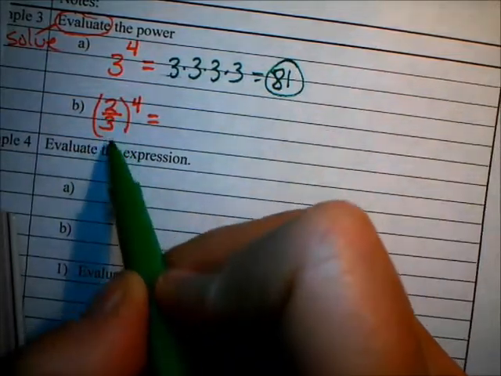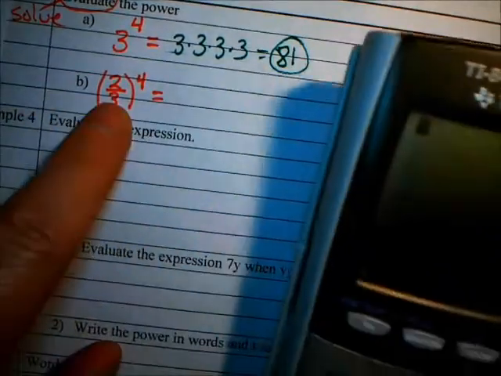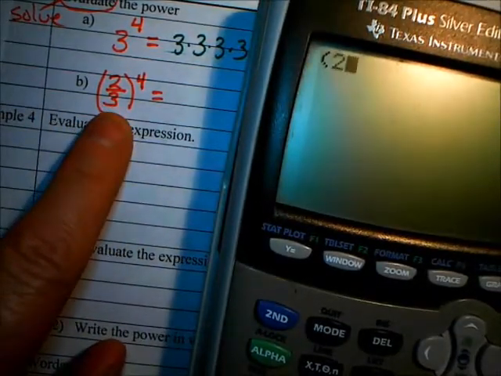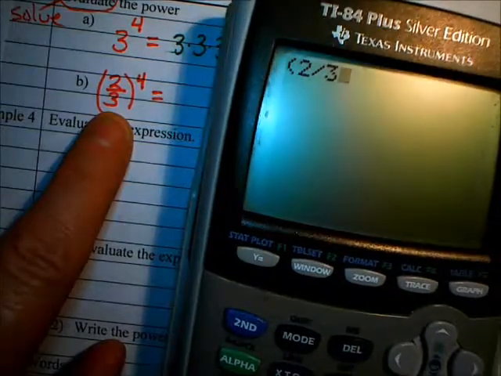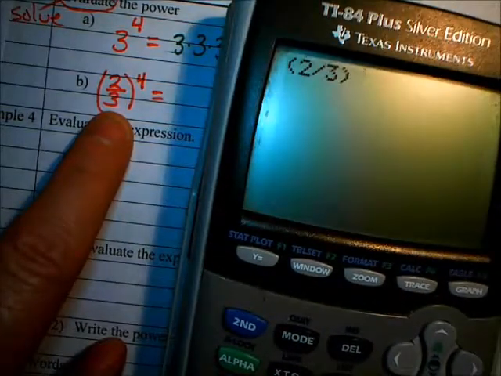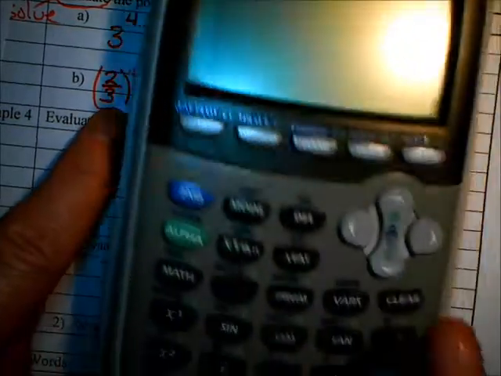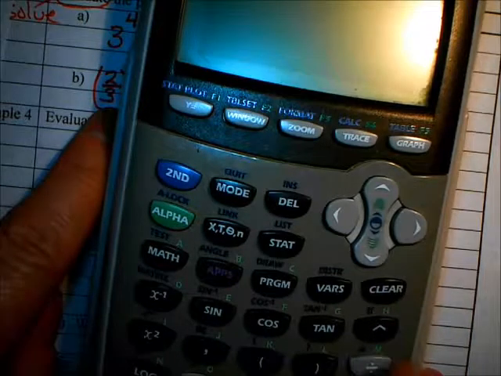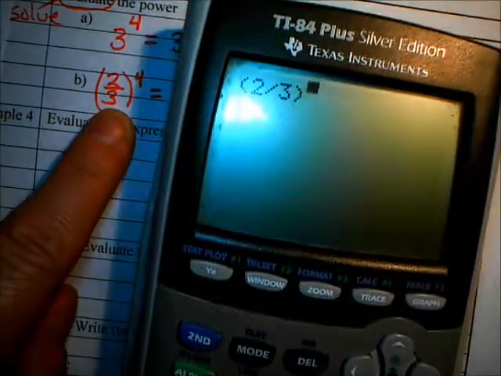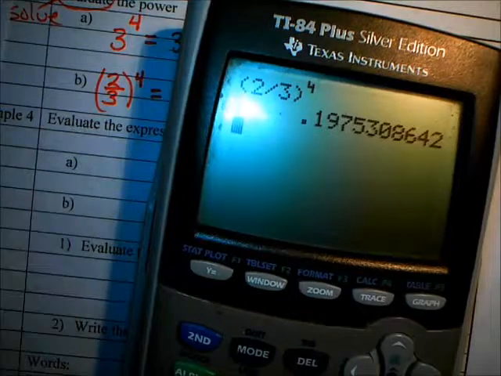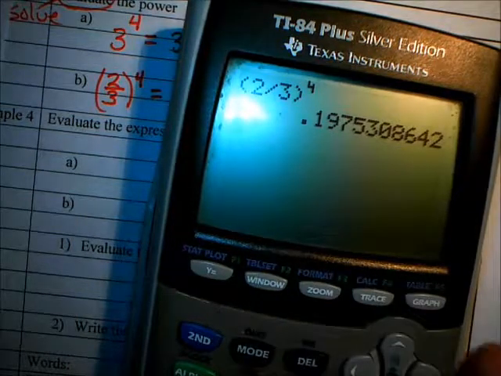If I go to the fraction, remember it's in parentheses, so I'm going to push a parenthesis, and then 2 divided by 3, close your parenthesis, and then I have the exponent, so that means push the caret button again, and then put the 4th power, and enter, and I get this big old long decimal.